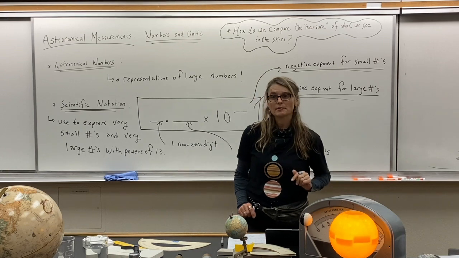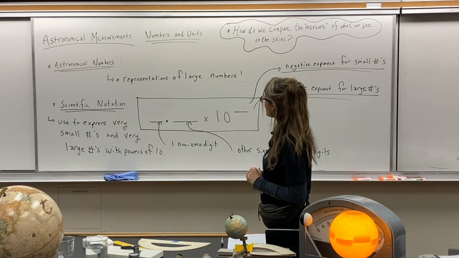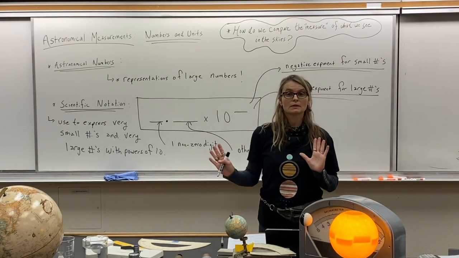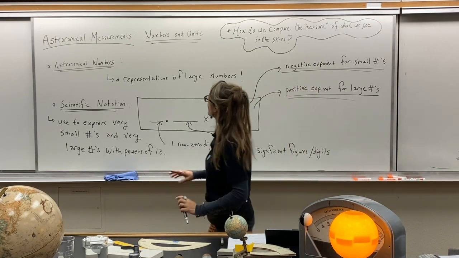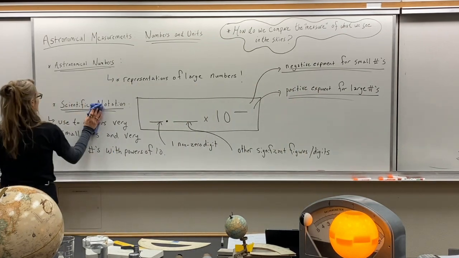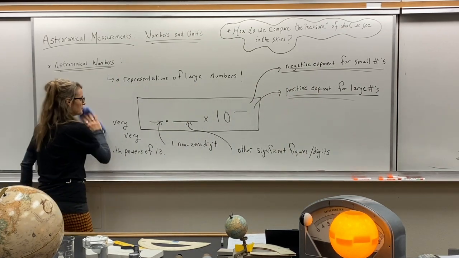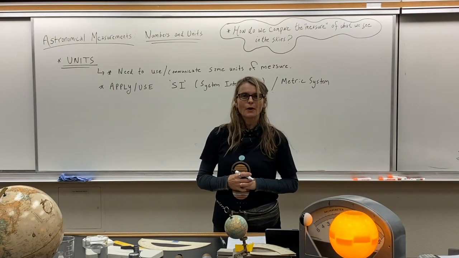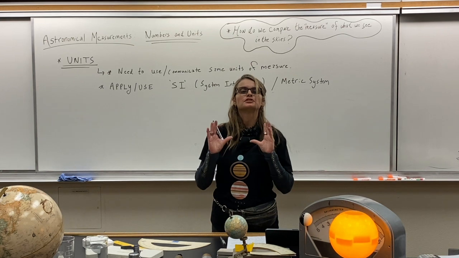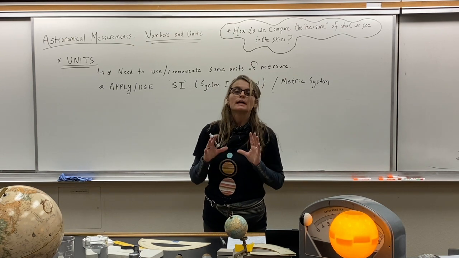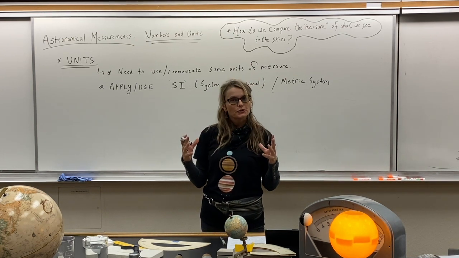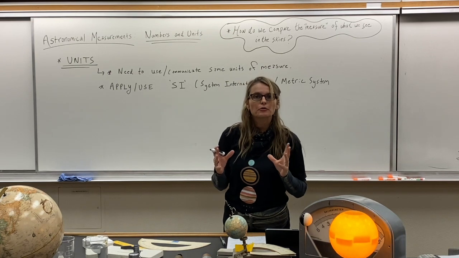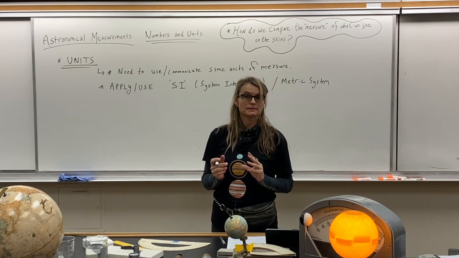So the next step, once we wrap our mind around how to represent really large numbers in astronomy, the big next step is the units. In order to communicate and share data in astronomy, it is important to use the same sort of agreements on measurement units.